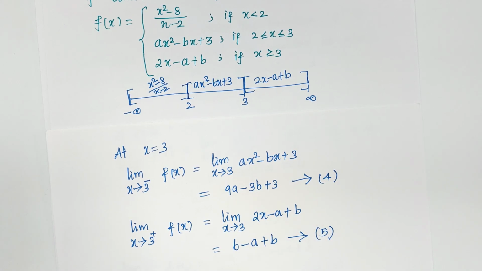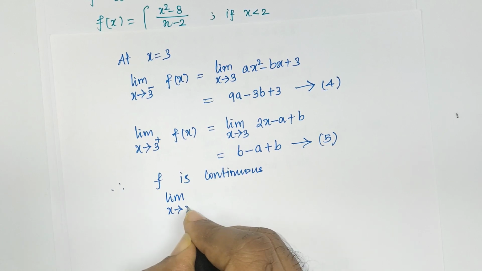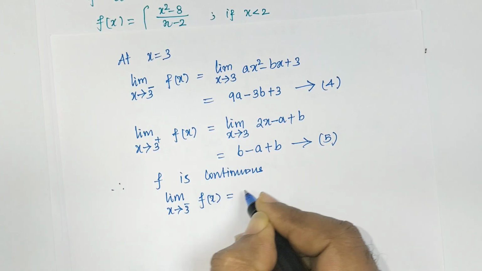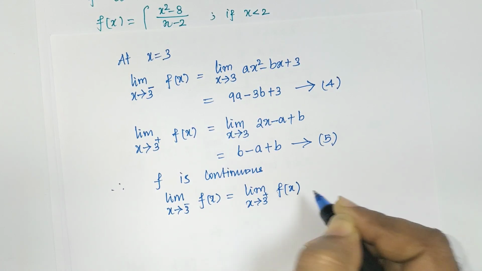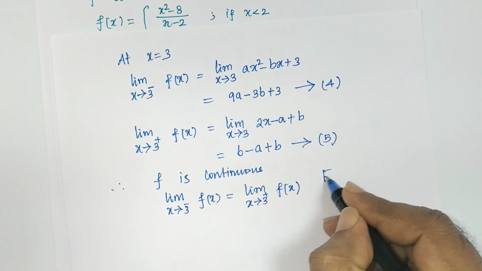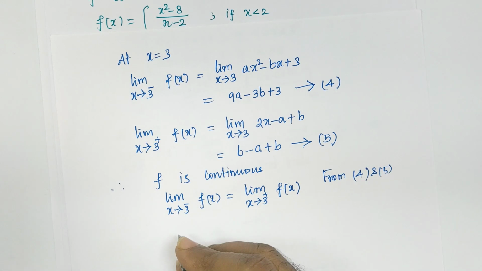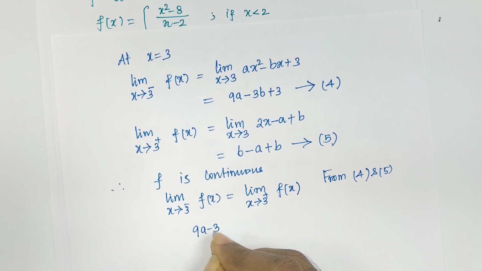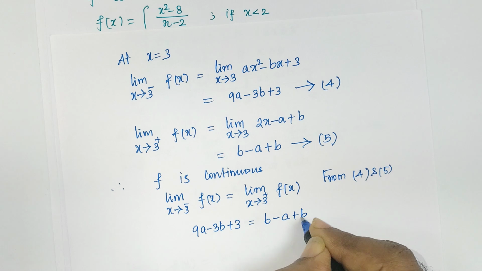Again, I already told you the given f is continuous. The function f is continuous means both the left-hand side and right-hand side are equal. So we may write the limit as x tends to 3 minus equals the limit as x tends to 3 plus. From equations 4 and 5, the left-hand side is 9a minus 3b plus 3, equal to the right-hand side, 6 minus a plus b.